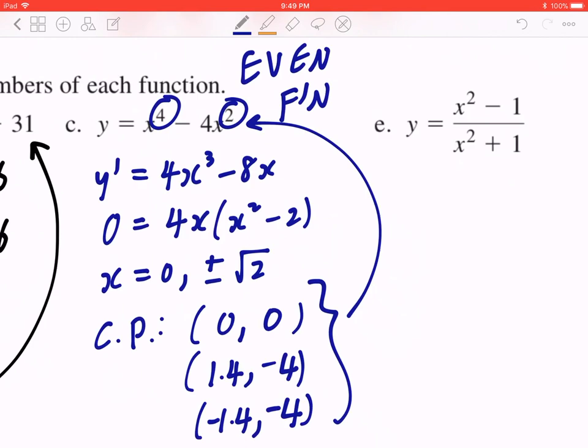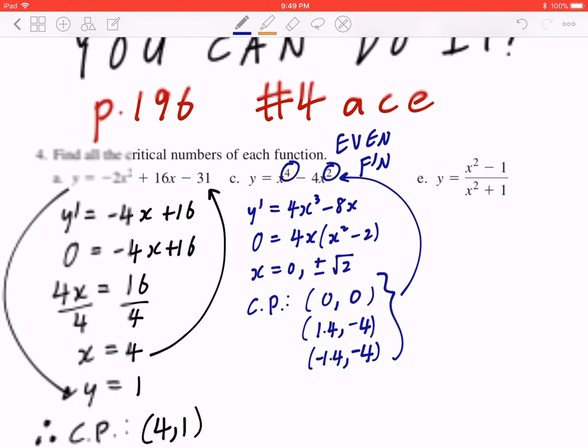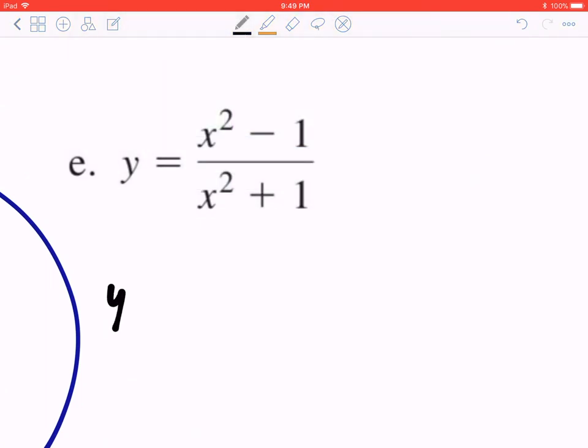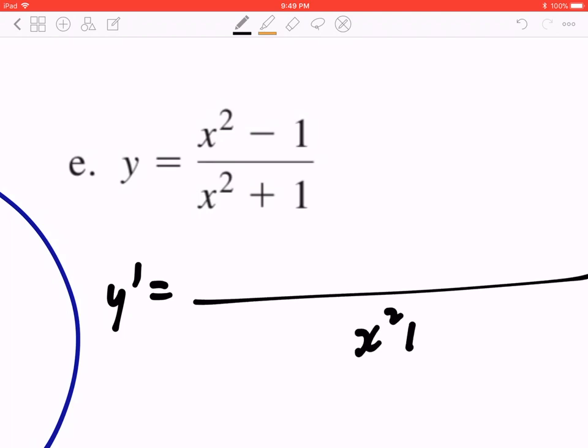One more, 4e. In this case, y equals x squared minus 1 divided by x squared plus 1. To find the derivative, you have to apply the quotient rule.